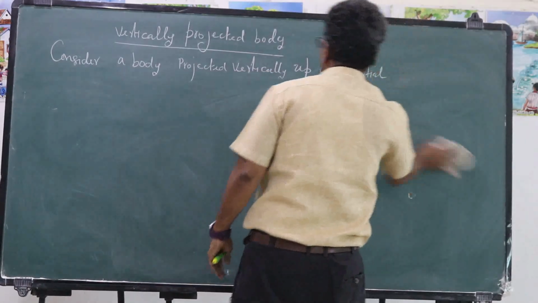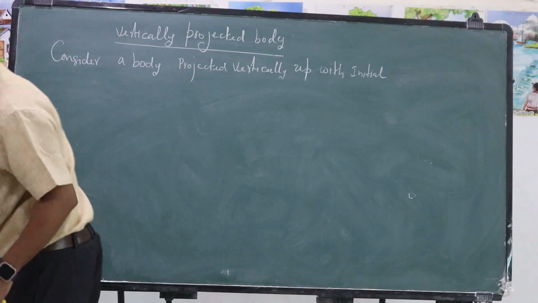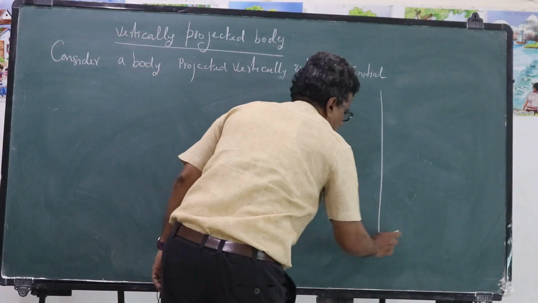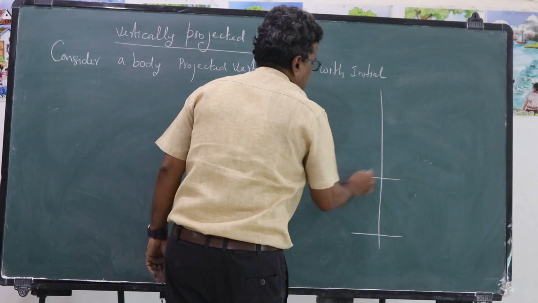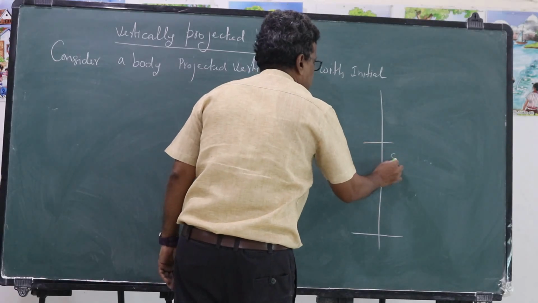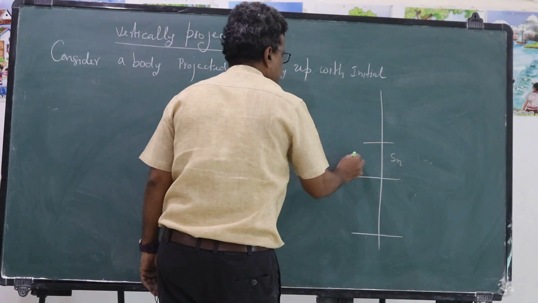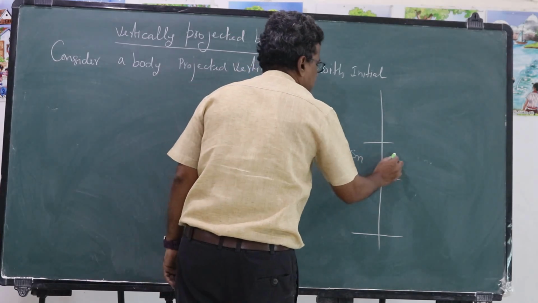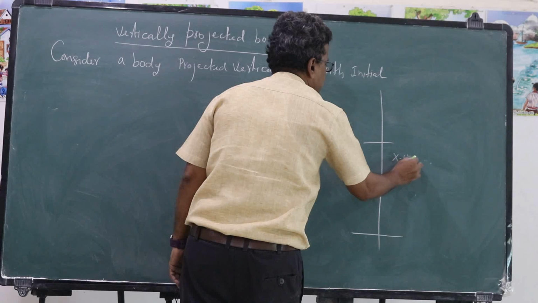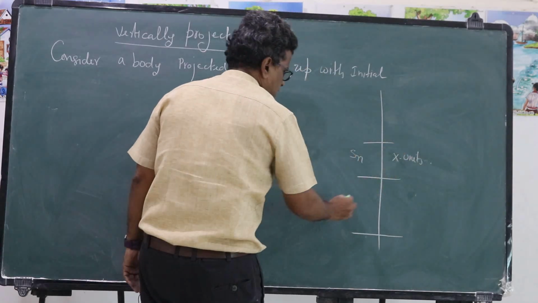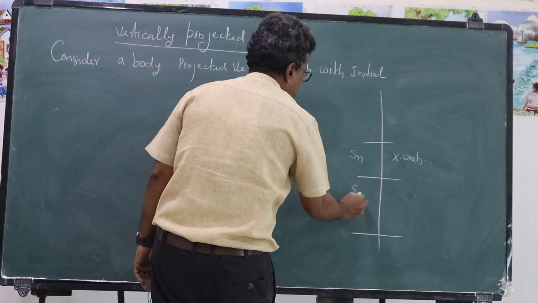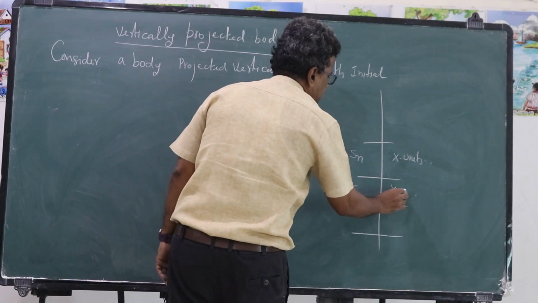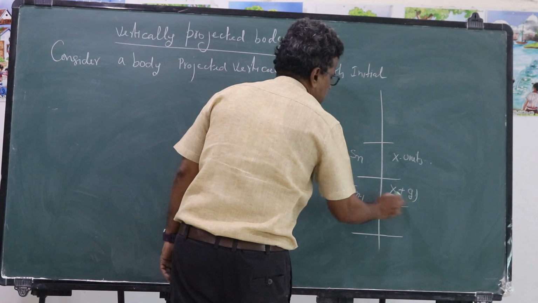Similarly, we can prove that for vertically projected body, suppose the body is projected, the distance traveled in nth second is, let it be x units. Then the distance traveled just 1 second before is x plus g units.